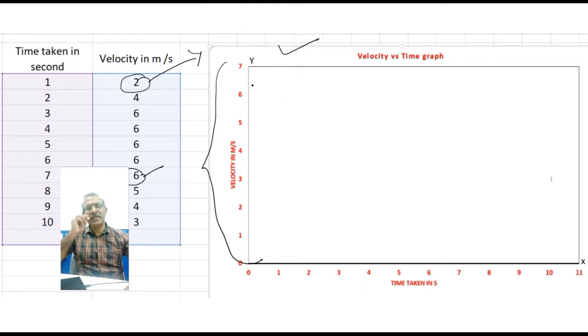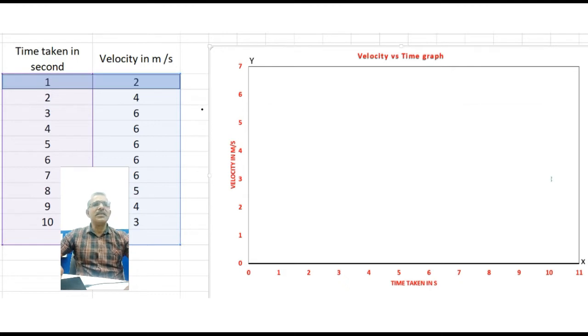So this is the basic which you have learnt in previous classes. So we shall start with the first value, that is 1 second, and the velocity is 2 meters per second. Time is 1 second and velocity is 2 meters per second. Our point should come here, right?